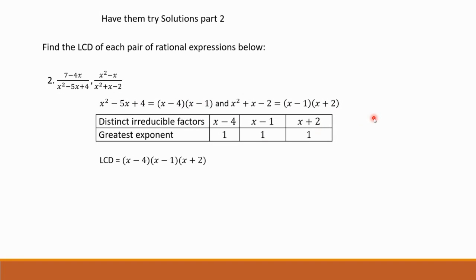So altogether, the LCD is x minus 4 to the first, times x minus 1 to the first, times x plus 2 to the first. Raising it to the first doesn't do anything, so we don't have to write that exponent. Again, it's each irreducible factor raised to its biggest exponent.